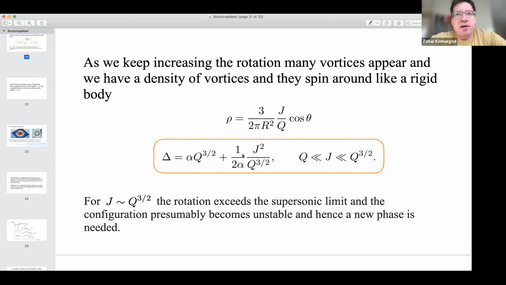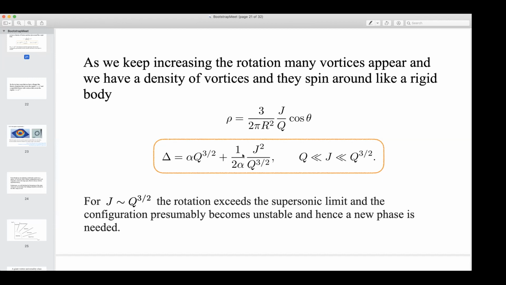So I would say the upper limit on the number of vortices comes from requiring that their velocity is below the speed of sound. I don't know if this is the same as the bound that you quoted, but that's the bound we believe is true.